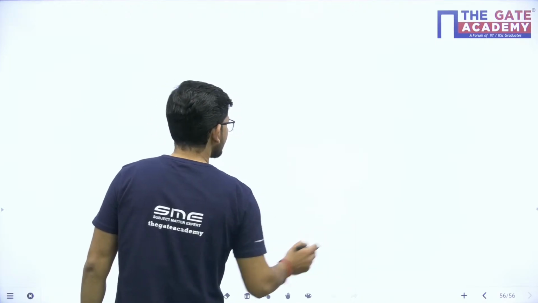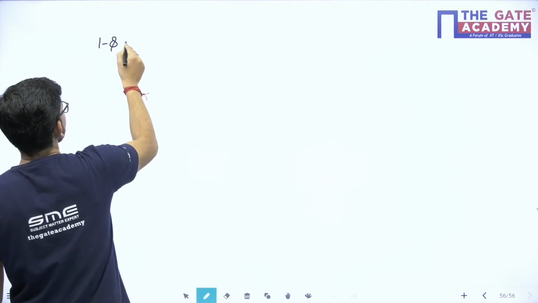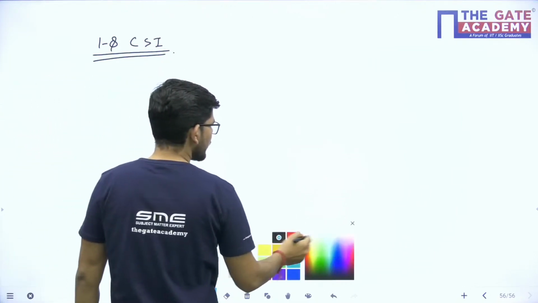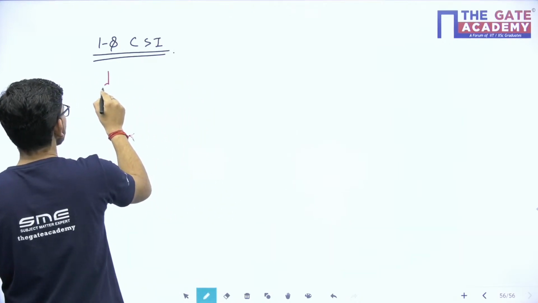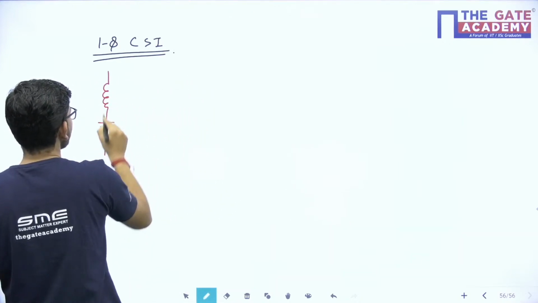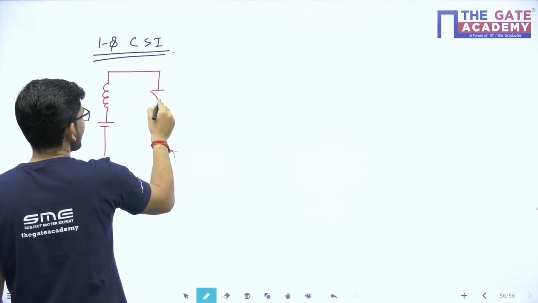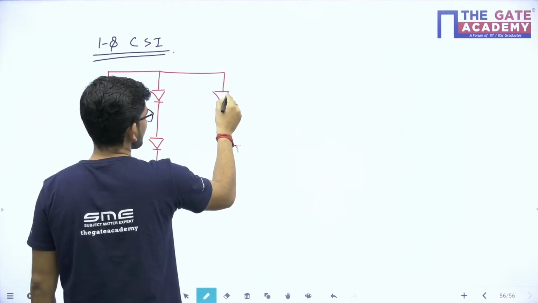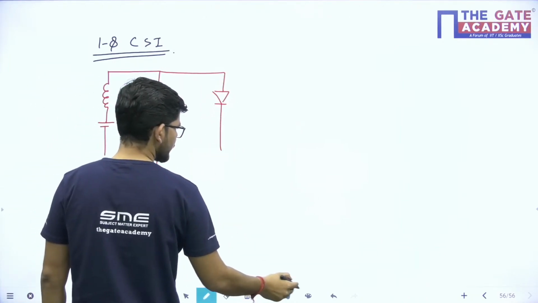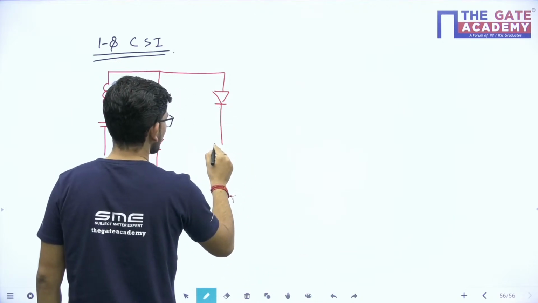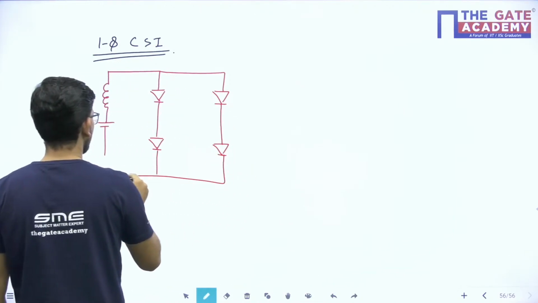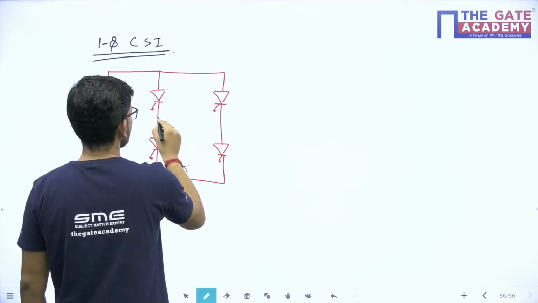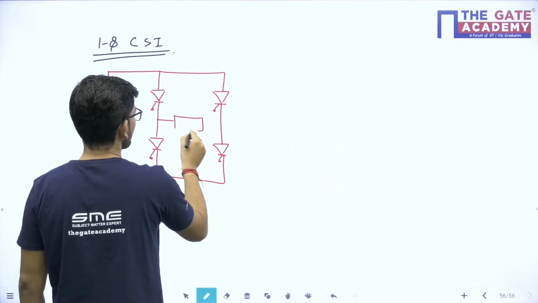After that, let me discuss the single phase CSI, current source inverter. So what will happen in case of a current source inverter? We have a DC current source here, then we have thyristors, and this is the load.